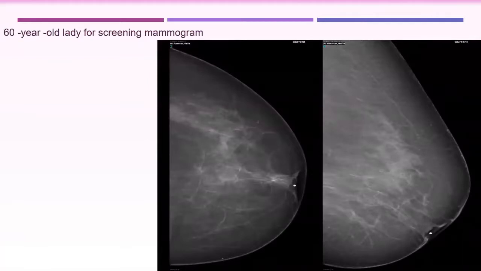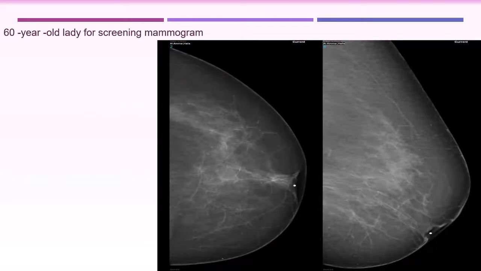Look here, this is not secretory mastitis. What is the cause of nipple retraction in this case? It's very obvious from mammography. Confidently, you can say this is due to... Actually, there is a high density taking a ductal distribution.